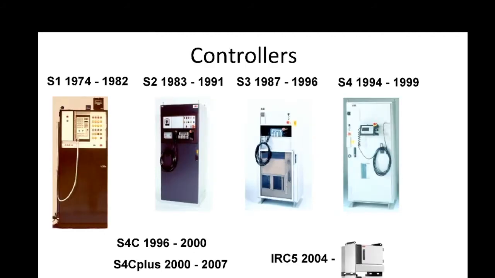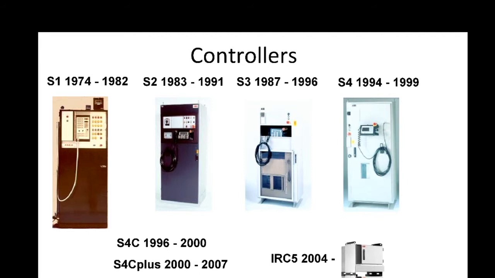These are controllers from very early years, 1974 to 1982, and some from the 90s and 2000s, also given in this slide. From 2000 up to 2020 we have been using this kind of cabinet.